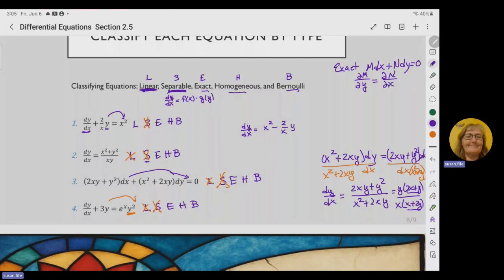So let me tell you first that every separable equation is exact. It's not true the other way, but every separable equation, none of these are separable, are exact. But if I had a separable equation here, I could make it exact.